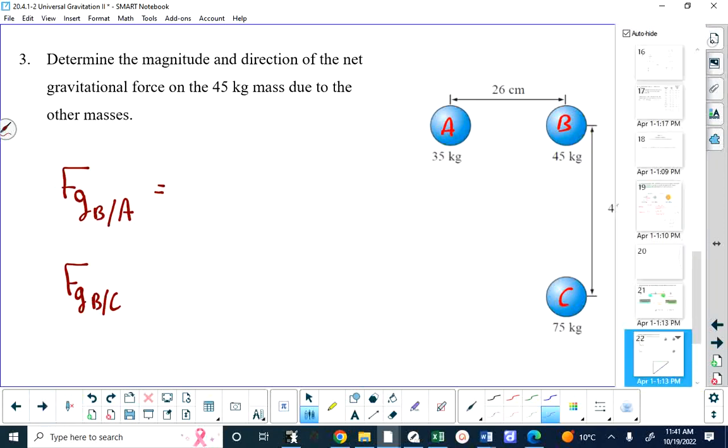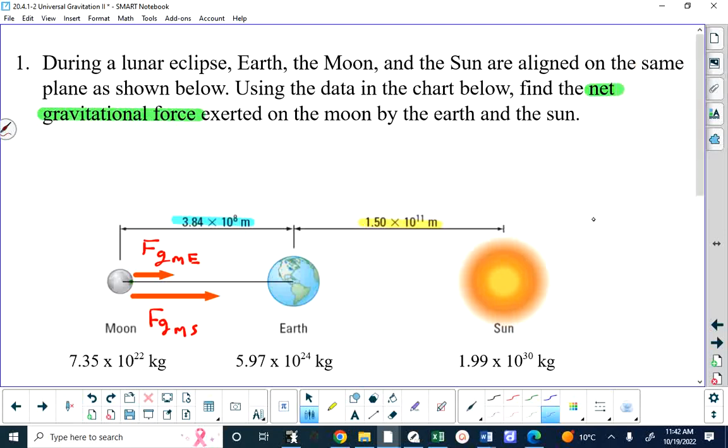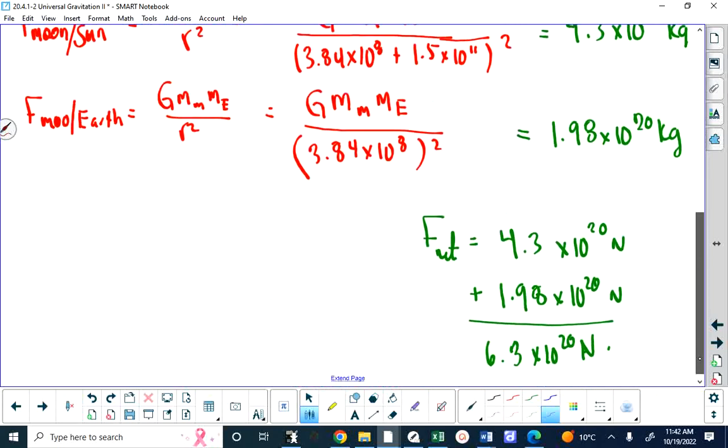When you look at example 1, these two forces that we had to find, both being applied to the object of interest, the moon, were in the same direction. And when you add forces that are in the same direction, it's very elementary in nature. You add the numbers, right?